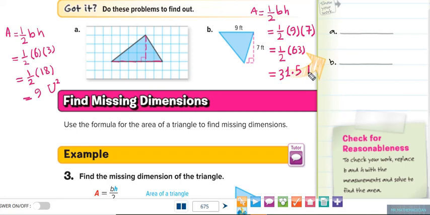Of course, the unit here is feet, so we are going to say feet squared.